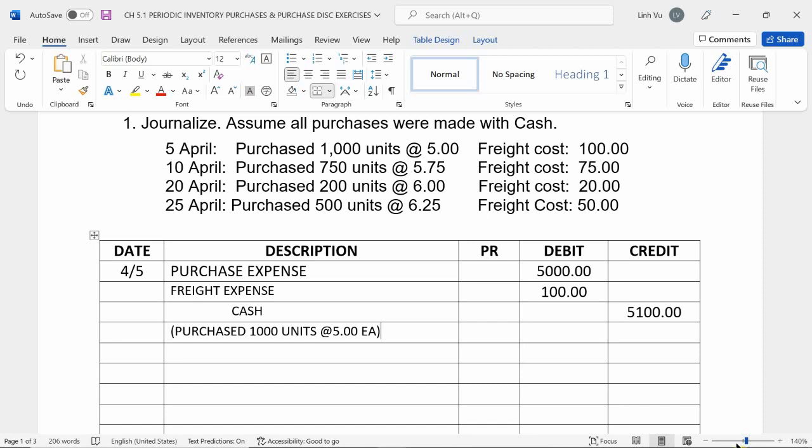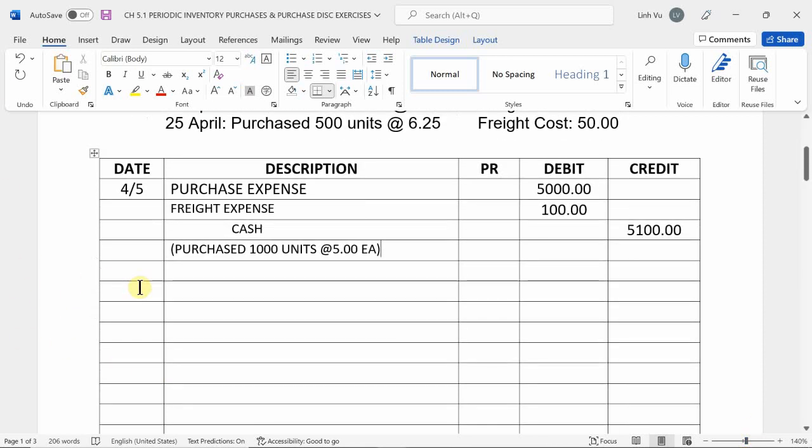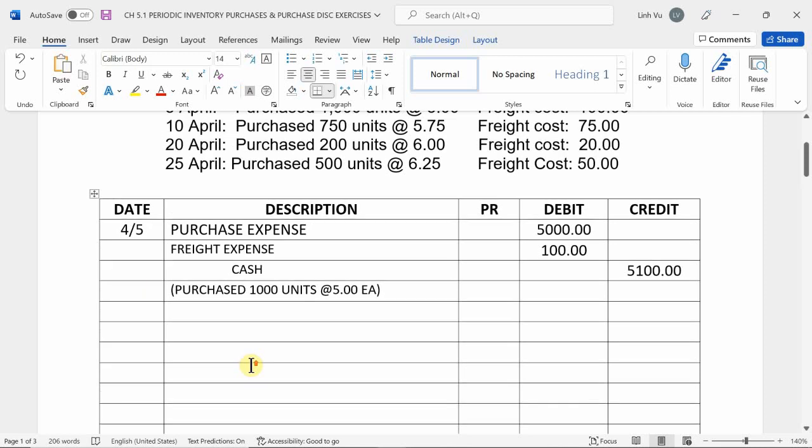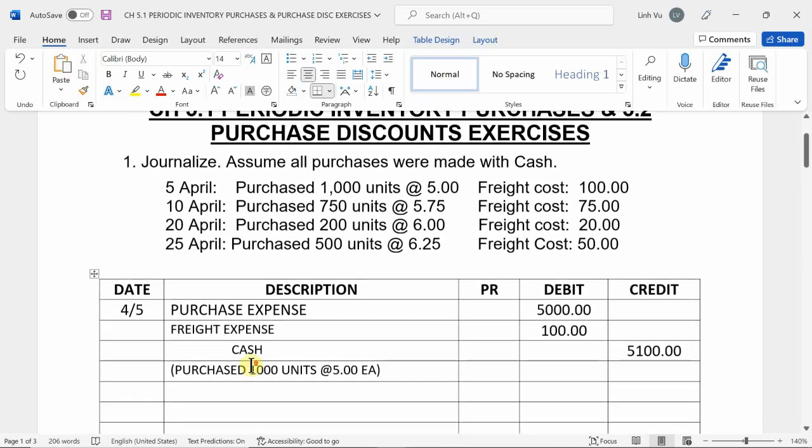I only need to know why my total purchase expense is $5,000. Well, that's because I purchased 1,000 of them at $5 each. That's extra information that you should unveil, so whoever's looking at your journal can recognize how and why this happened. All right, good job for the first one.